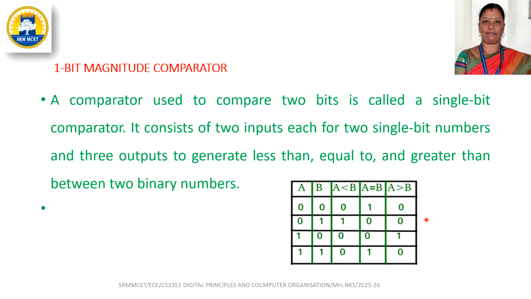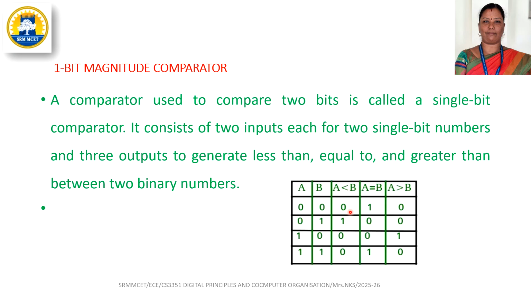With this, we can derive the logic formula for every output. For the output A less than B, we have only one high output, and the combination of input is A0 and B1.